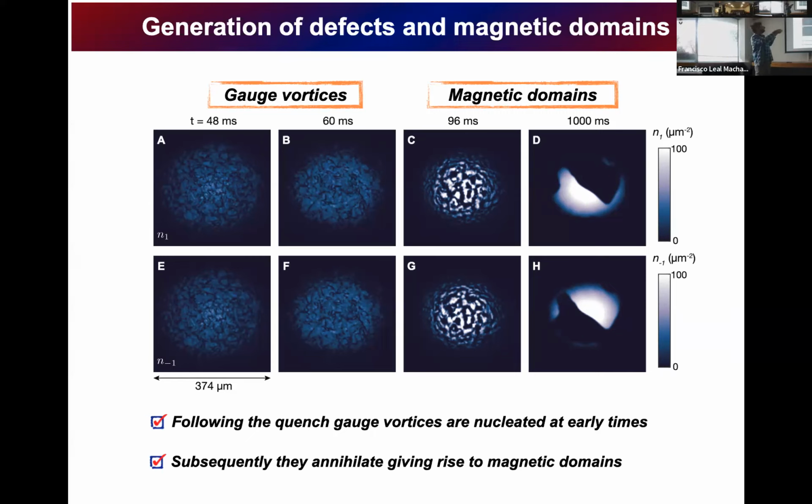In particular, you start to create vortices and anti-vortices in both components. These interact during the dynamics and annihilate, some drift out of the condensate. Then you have the emergence of magnetic domains, which finally, in the long time evolution, around 1 second, you end up just with a single domain between the plus and the minus one components.